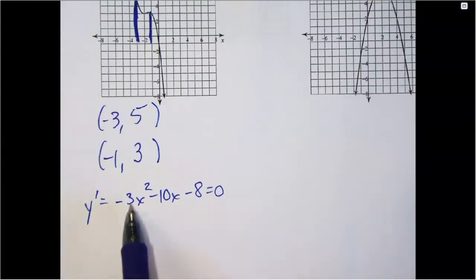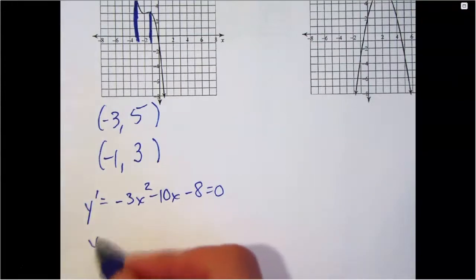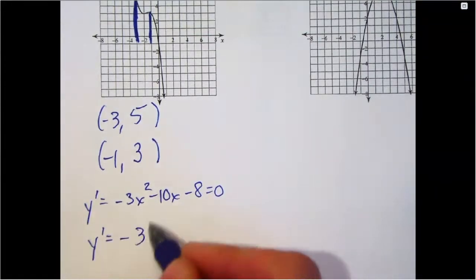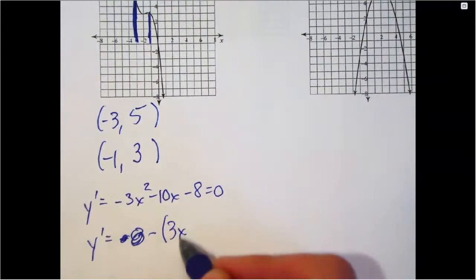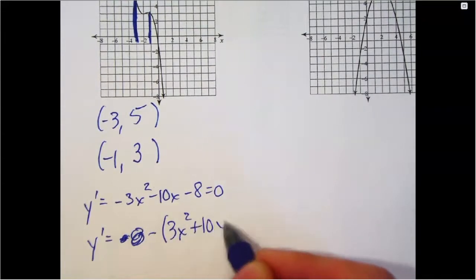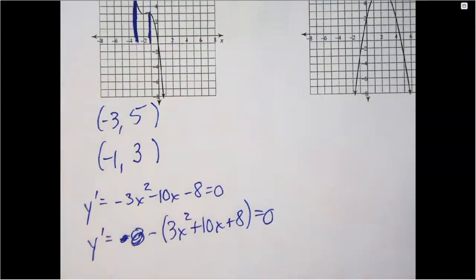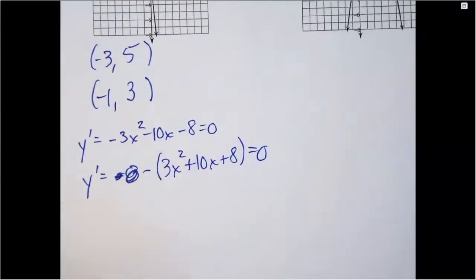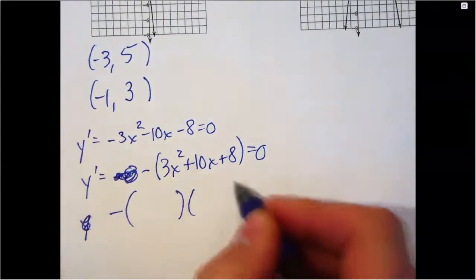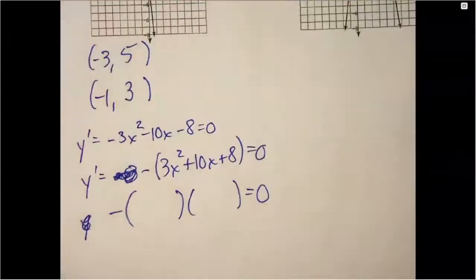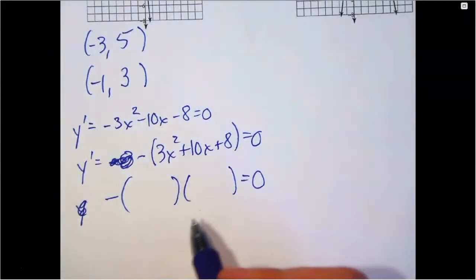I don't want to factor with a negative sign in front, so I'm gonna rewrite it like negative, and then 3x² plus 10x plus 8. It's just easier for me to factor if that front number is positive. And then it's kind of a tougher factor when it's more of a guess and check method.